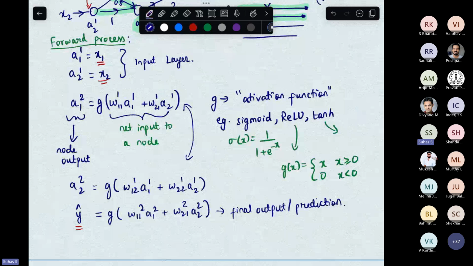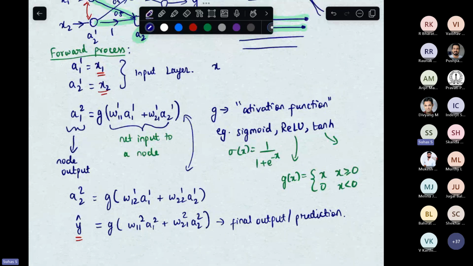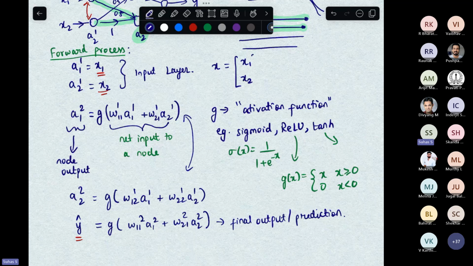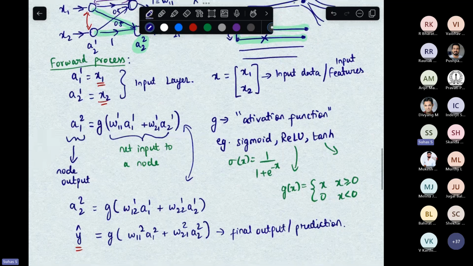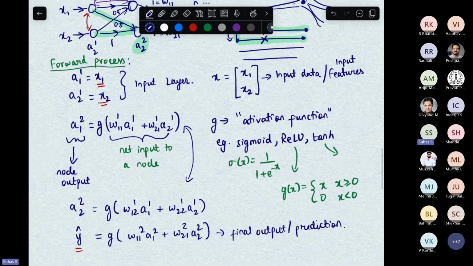Typically your input is denoted by x, and it's a vector containing x1 and x2. You could call this input data, or you could call it features, input features. These names are used interchangeably.